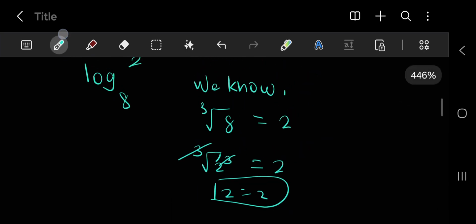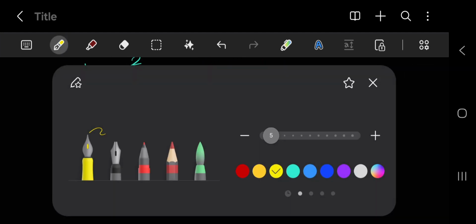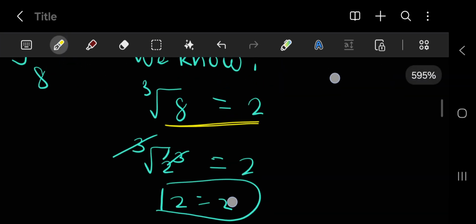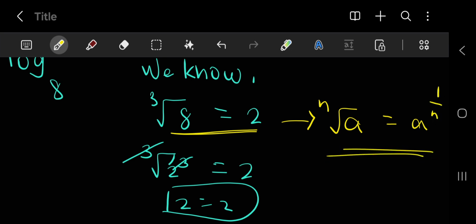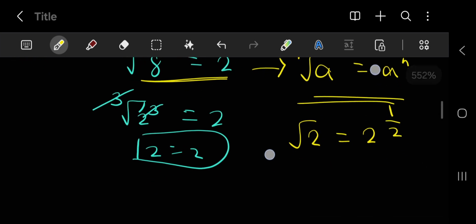So if I got root 2, it is nothing but 2 power 1 by 2. And if I got the cube root of 4, it's nothing but 4 power 1 by 3. So can I write the cube root of 8 as 8 power 1 by 3 is equal to 2? Yeah, so we can write it in that way.